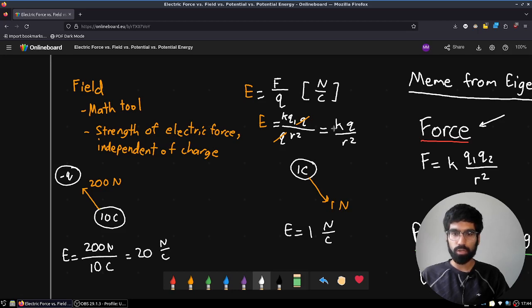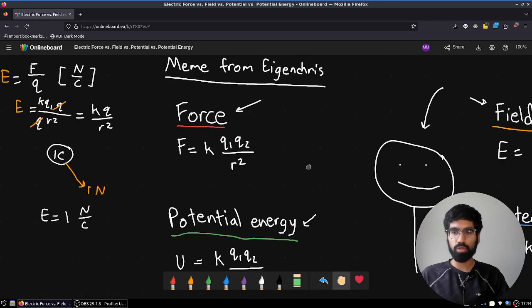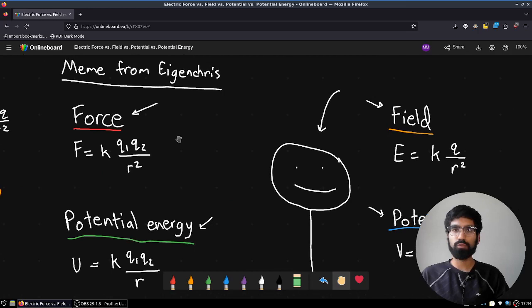I just took away the 1 because it's just a notational difference. There's some charge over here, you divide by the other charge. So that's how the electric field formula came to look so similar to electric force.